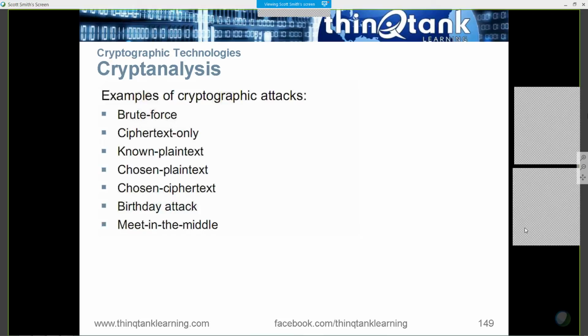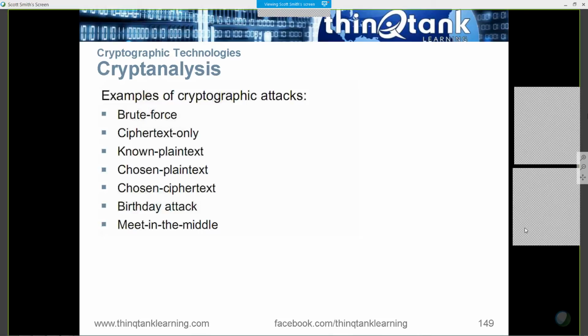What is a ciphertext only attack? Any ideas what a ciphertext only attack might be? Yes? You have the ciphertext, which is created after the decryption or encryption. But what does knowing the ciphertext allow you to do?